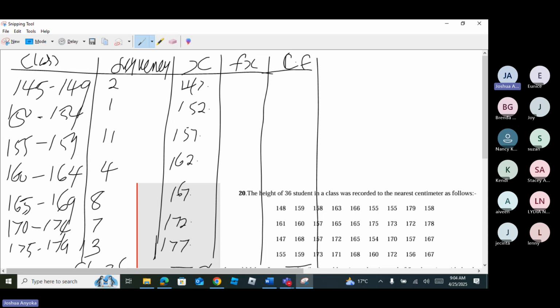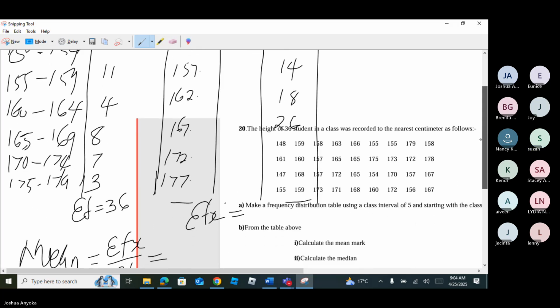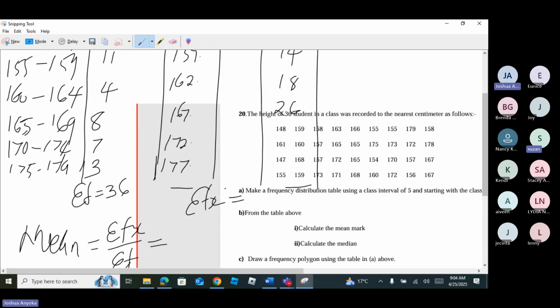For the cumulative frequency column, we need 2, 3, 14, 18, 26, 33, 36. So what is the sum of fx?